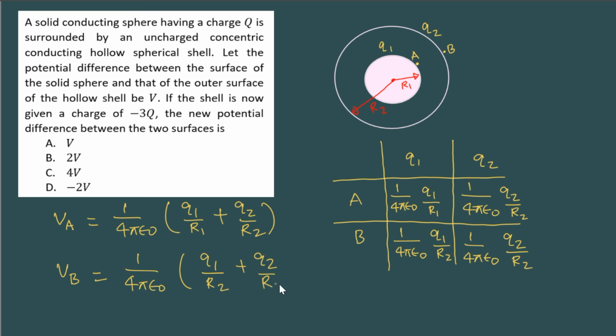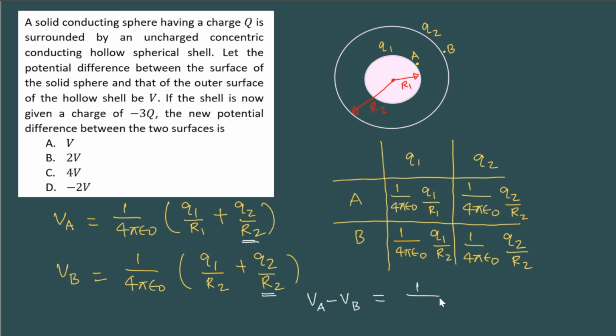Now if you try to get the potential difference between the shells, between these 2 points, you will notice something very, very interesting. Look at this Q2 by R2, which is there in both the expressions.